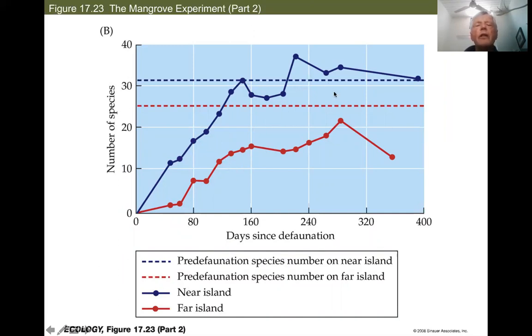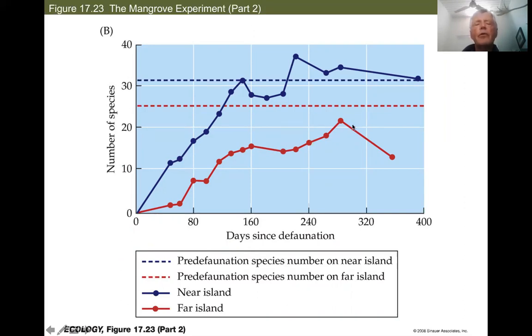They had one that was near and one that was further away, and the dotted lines show the number of species that were on the island before the defaunation took place, and then these trajectories show the growth in species number.